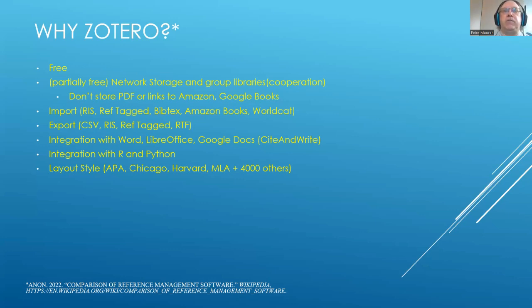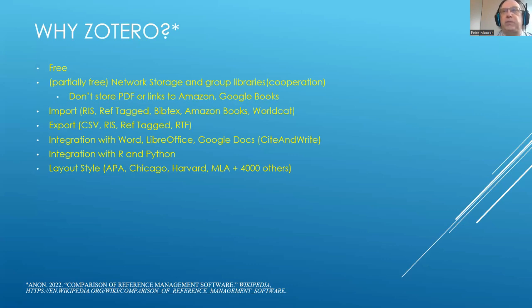And another very important aspect is it has integration with Word and other word processing programs. And it has an integration with R and Python, that are statistical programs that you can use to analyze data. And one of the other things that it has, when you write an article, you usually want to have a program that can lay out according to the rules of a scientific journal.